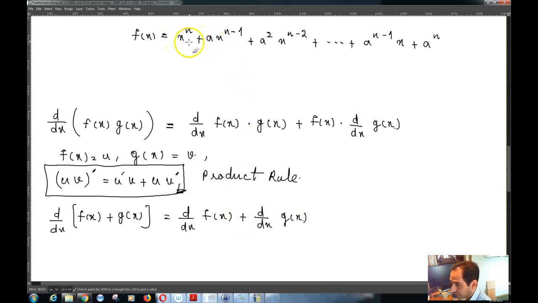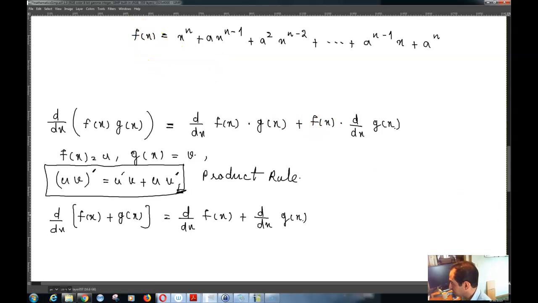That means that if you have this function, which is f of x, g of x, h of x, i of x, and so on and so forth, then the derivative of the whole function is going to be the sum of the derivatives of each of the terms added together. So then based on these three, you can write.